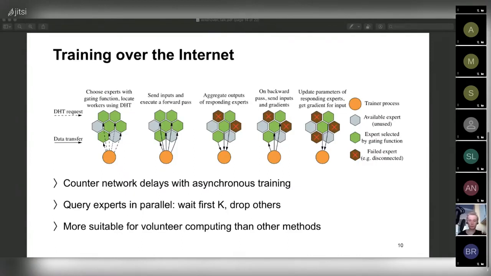There is another thing you need to take care of, which is the size of the gating function. But we managed to tackle this issue as well by separating the gating function into several sets of coordinates. Basically, it's like an IP address: in our network, you have a tuple of identifiers.